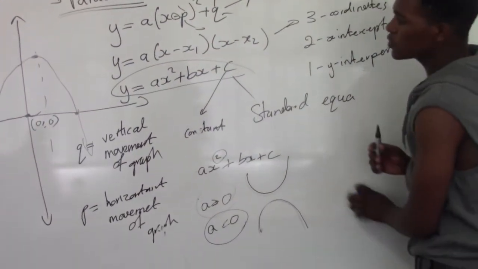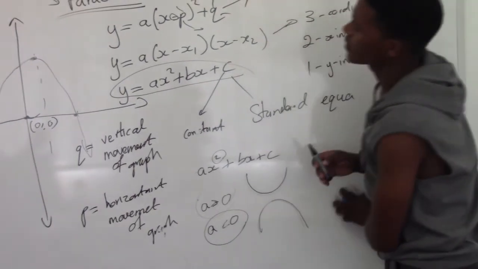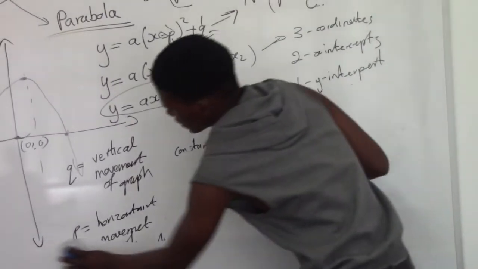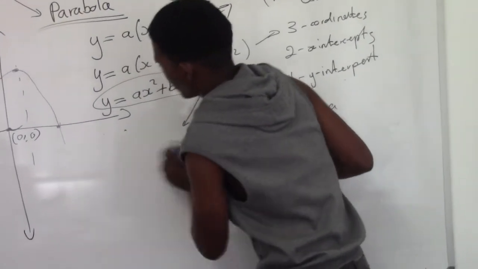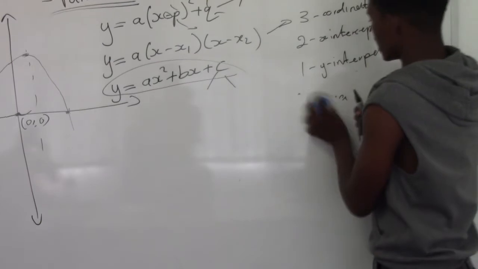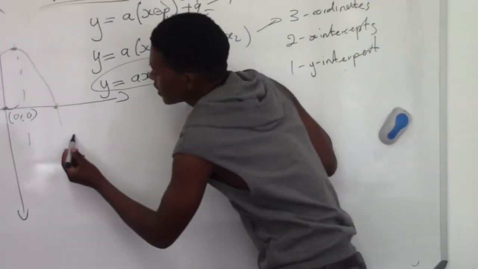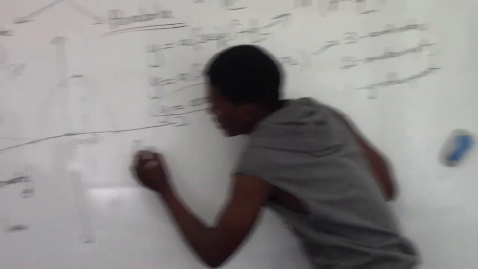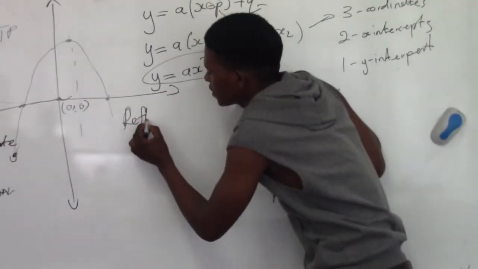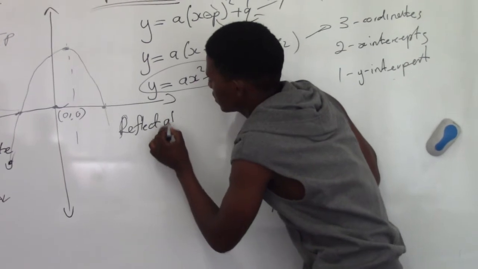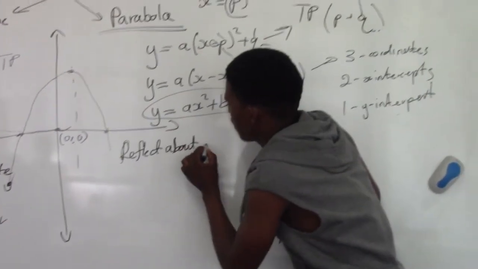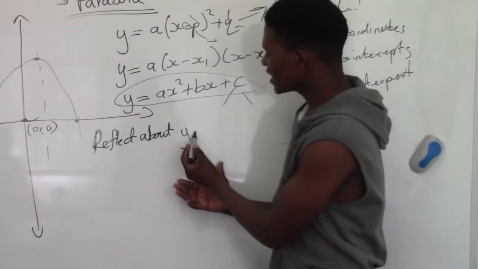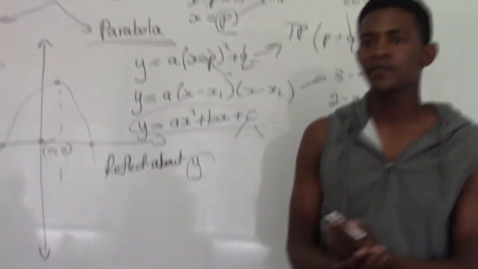Then, let's go to reflections. In terms of reflections, we are having y and x. So now, if they say, draw a graph that reflects about y, that means the only thing that changes is your y.